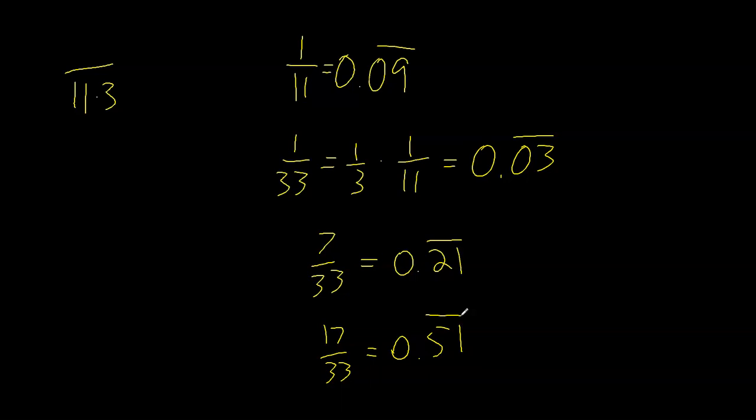We can, in a similar way, handle 99ths, by the way. 1/99th is simply 0.01, with the 01 repeating, and by taking multiples of that, you can get any number of 99ths, and you can see that anything with 2 digits repeating is simply something over 99.